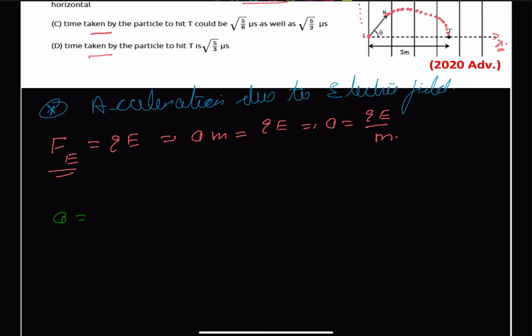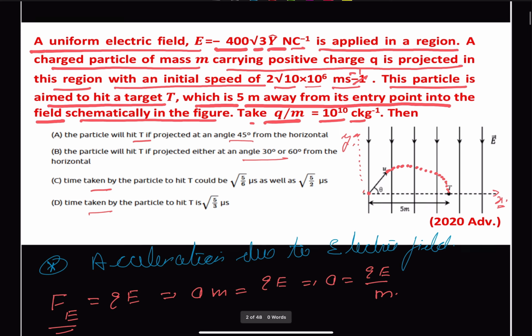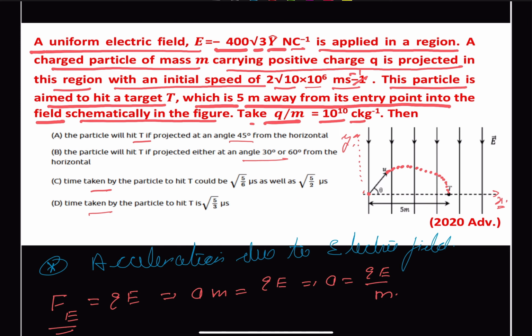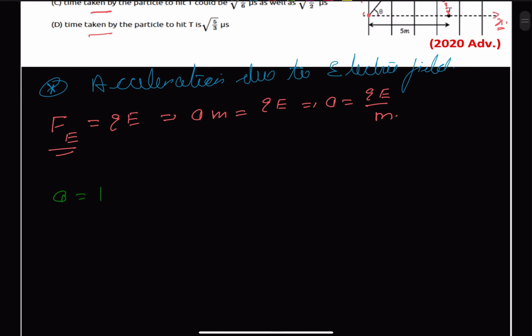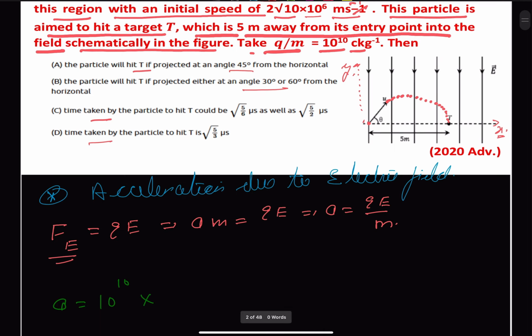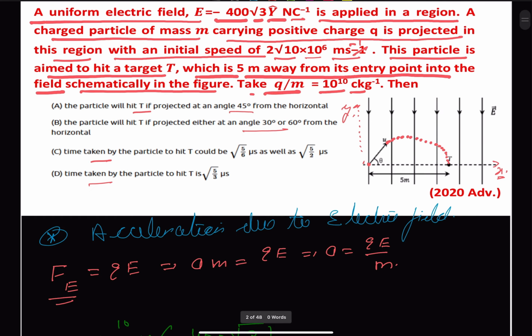We can say acceleration is equal to q upon m is given. q upon m is 10 raised to power 10, and electric field is also given to us as minus 400 square root of 3.